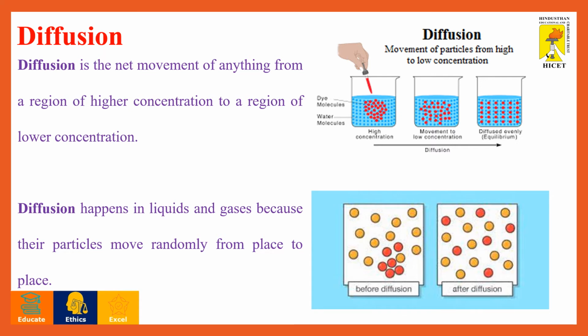Before diffusion starts, the molecules are in bulk, that is in the higher concentration, and when the diffusion starts, the molecules move entirely within the total solvent and are distributed evenly. This is an example for diffusion operation.